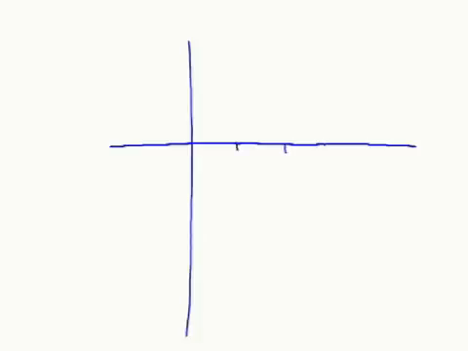I would actually have my coordinate system drawn on a separate piece of paper, and as I work out each particular important piece of information, I would plot that information as I go. A lot of times it's easy to catch your mistakes if you do it in that fashion, as opposed to collecting all the information and then plotting at the end. The only reason I've done it this way is that I just couldn't fit everything on one screen.